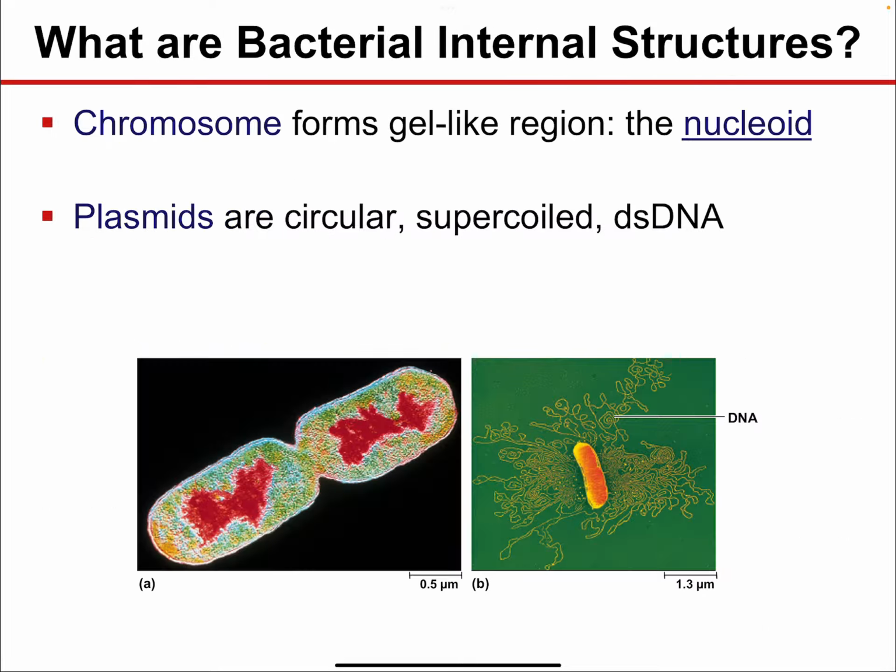Okay, now let's address the bacterial genetic information. In general, bacterial genetic information is going to be in the form of one large circular chromosome that sits in an area called the nucleoid.